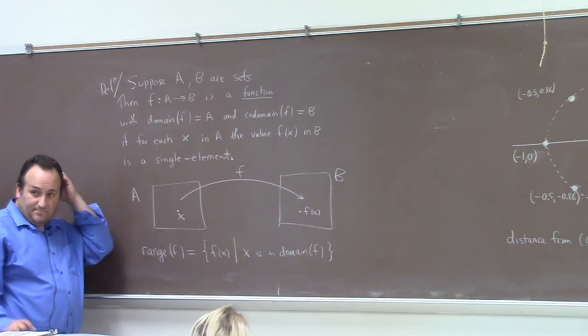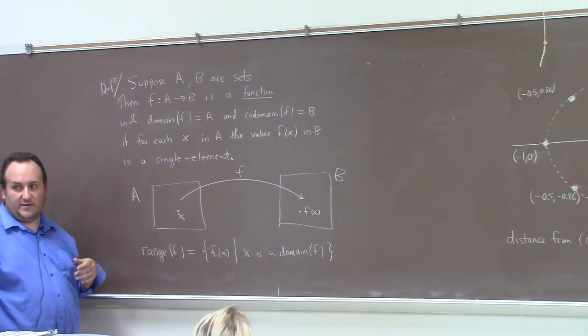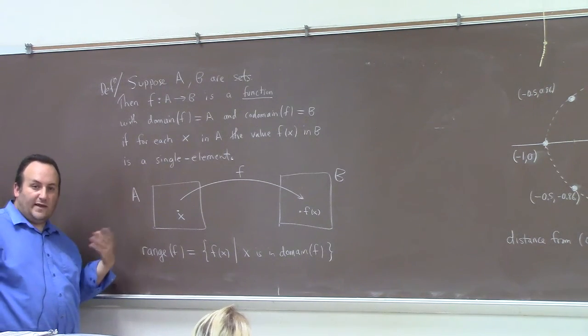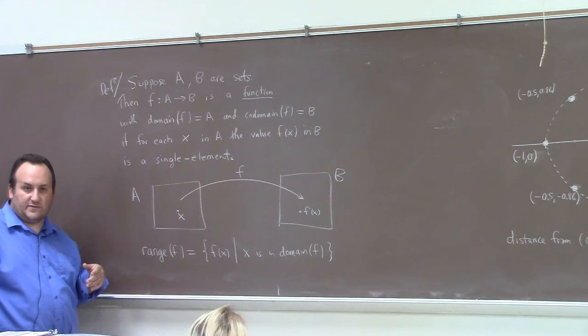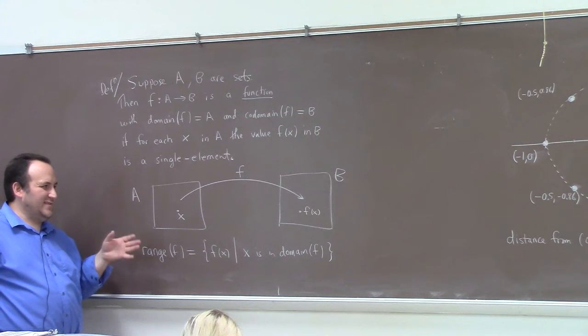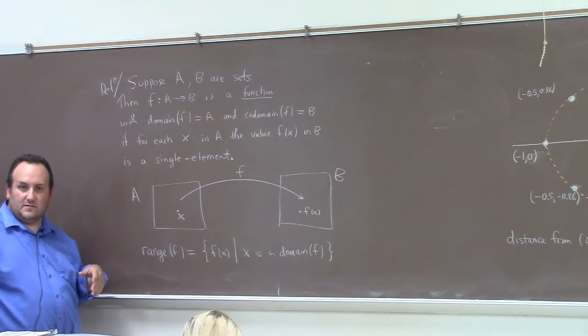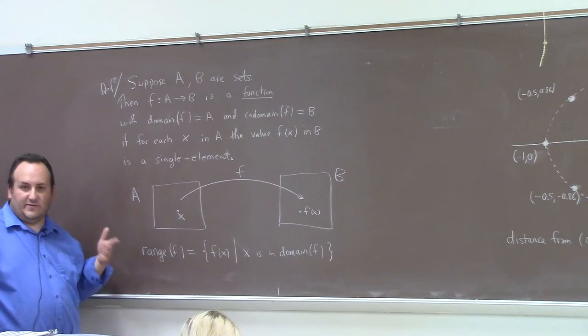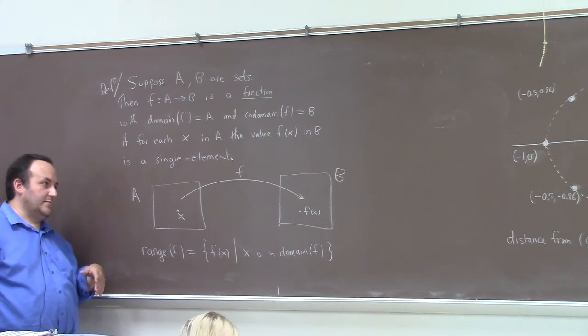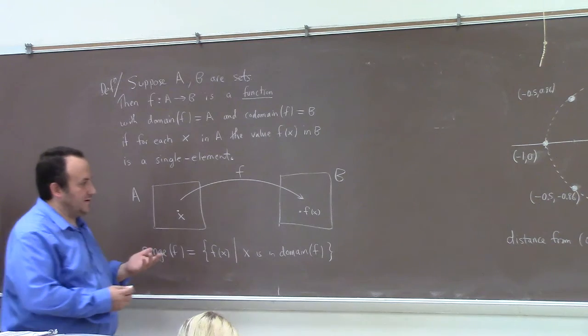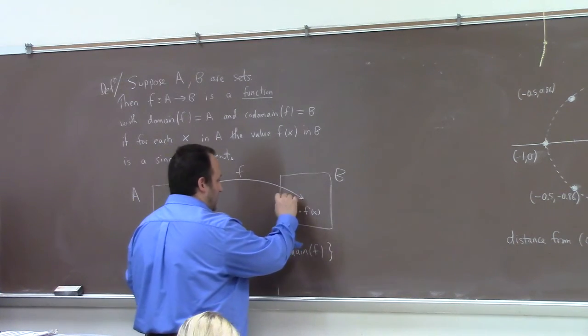In other words, the domain is the set of possible inputs for the function. The range is the set of possible outputs for the function. The codomain is this sort of like larger set where the range has to fit in. And I'll try to explain to you why we even care about such an idea with an explicit example. But just here's like a picture.